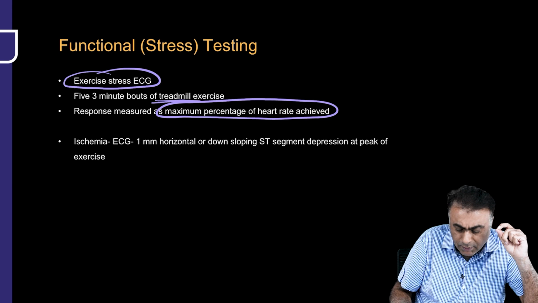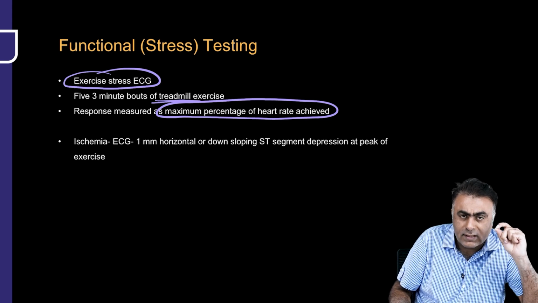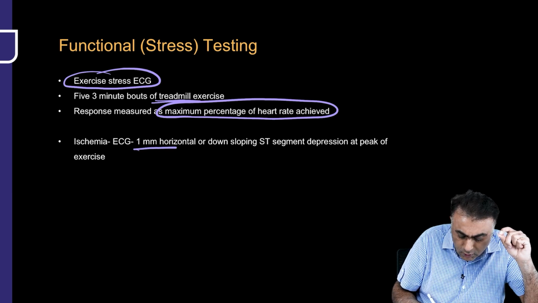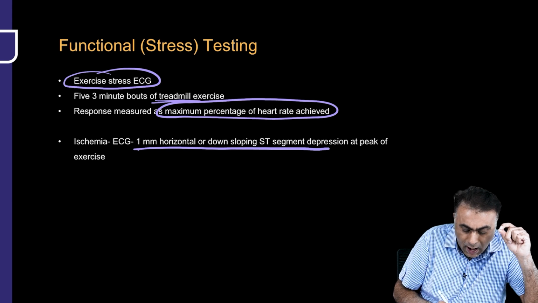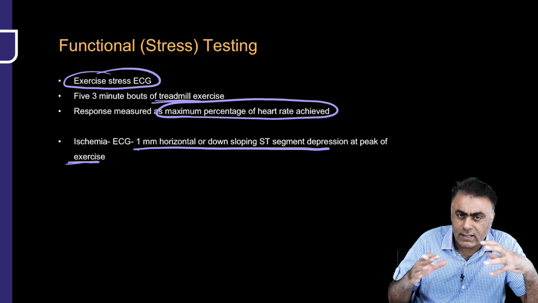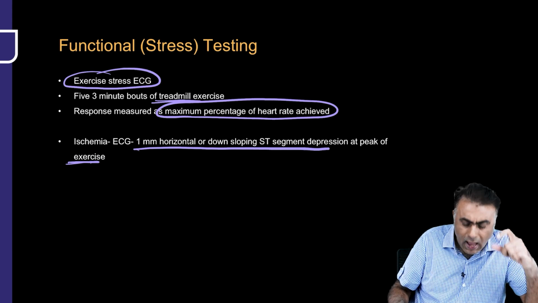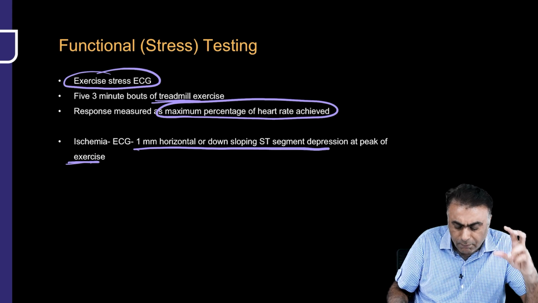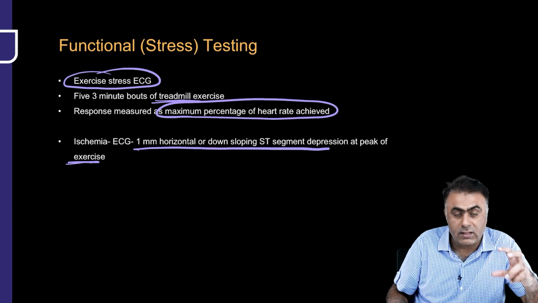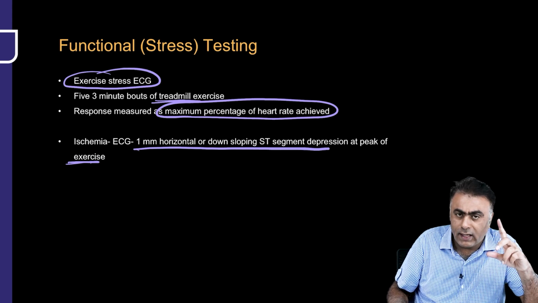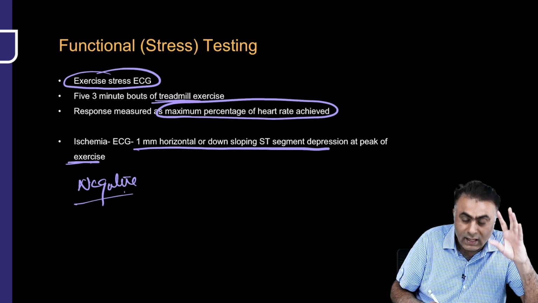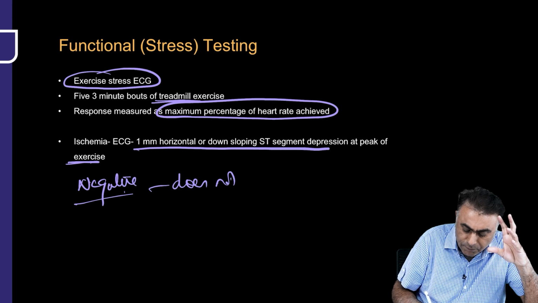Ischemia is documented if there is 1 millimeter horizontal or downsloping ST segment depression at the peak of exercise, while we record the ECG. But an important thing is that a negative test, meaning no ST segment depression, does not completely rule out the presence of ischemic heart disease.